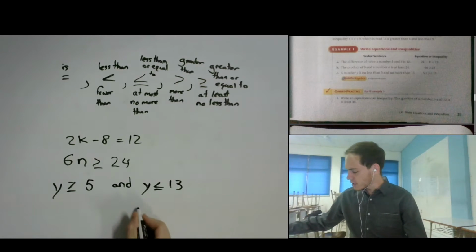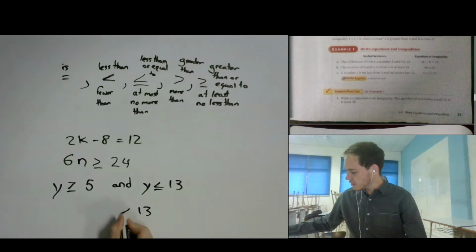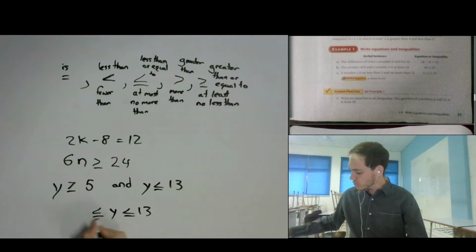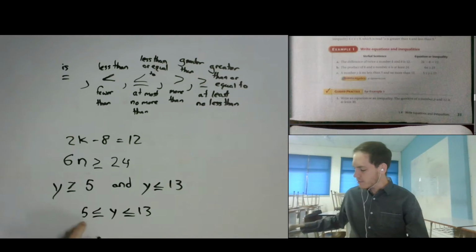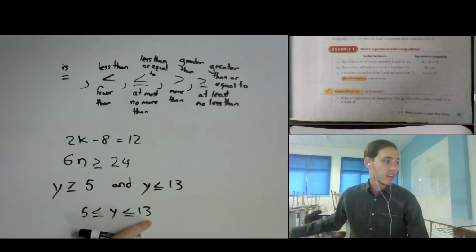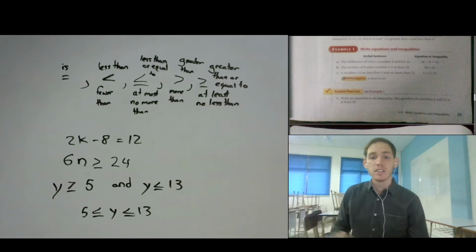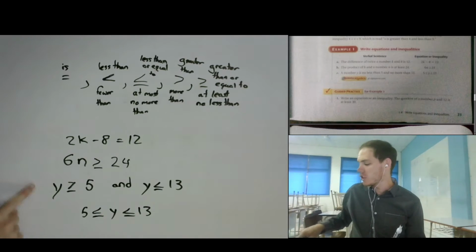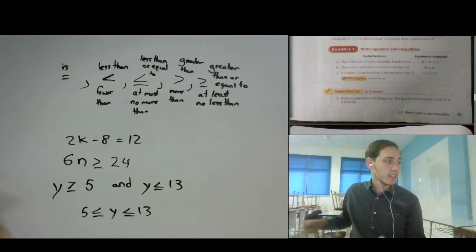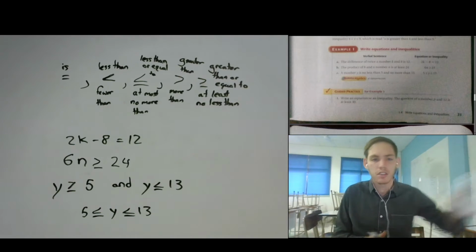Yeah. So we can do 13 is greater than or equal to y is greater than or equal to 5. Or you could say 5 is less than or equal to y, which is less than or equal to 13. Okay? Now, you don't have to do this middle thing, but it helps to organize your thoughts.